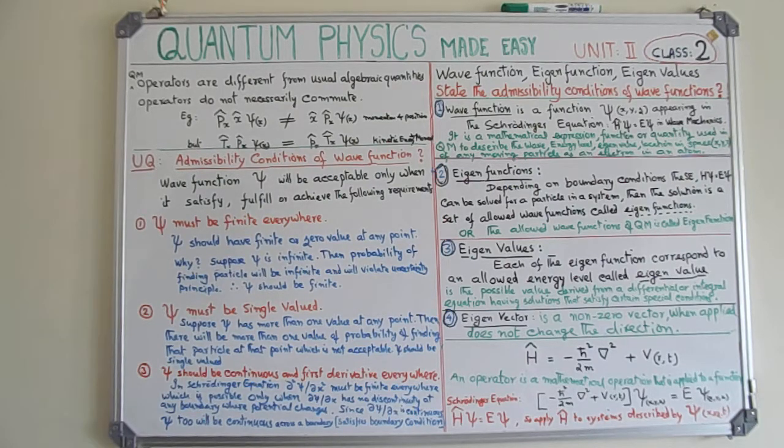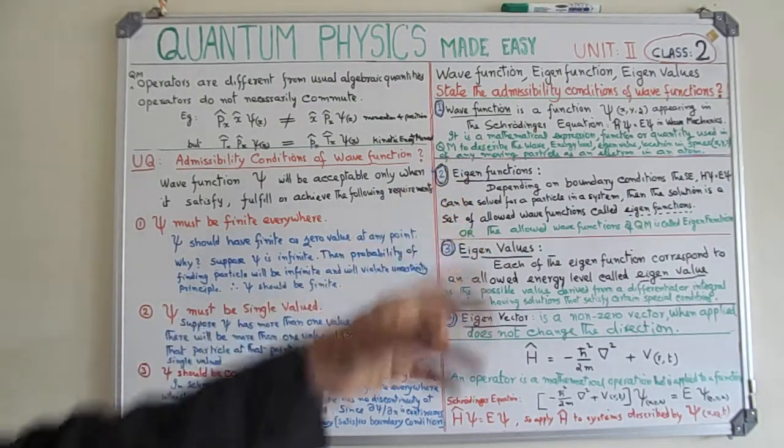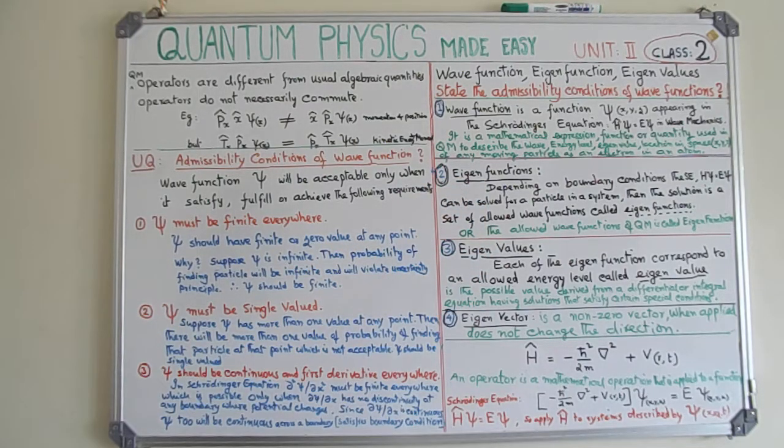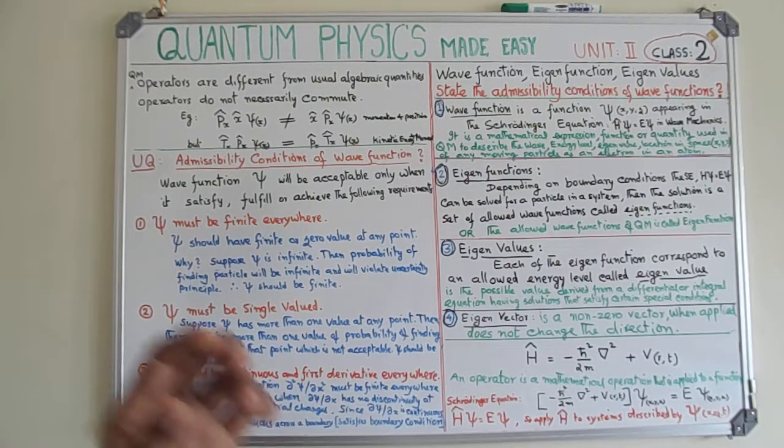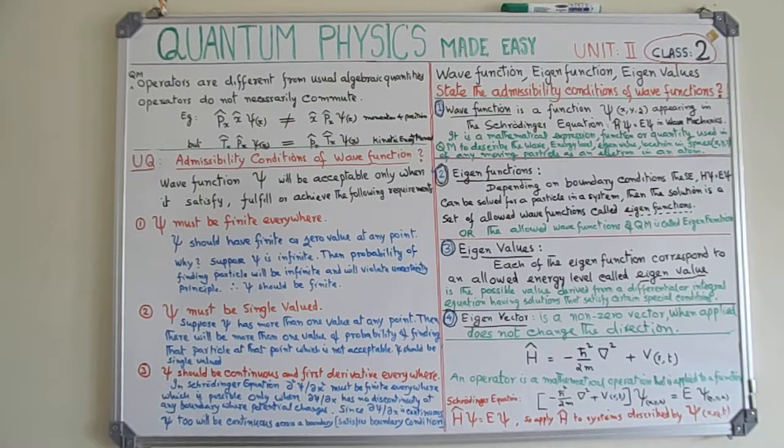For example, the physical significance of wave function psi is that the square of the absolute value, that is the modulus of psi square at a point, is proportional to the probability of finding the particle in a small volume element. Small volume element can be denoted as dx, dy, dz. It is denoted also as d tau. D tau means dx, dy, dz.